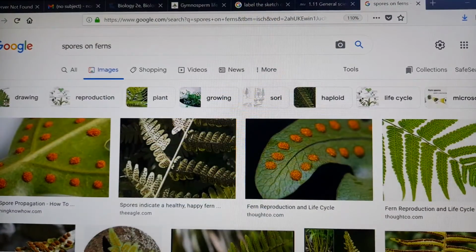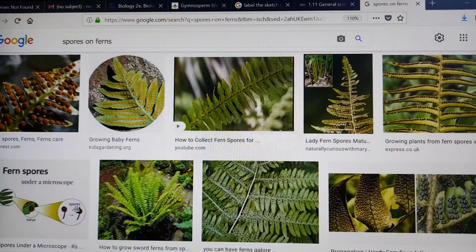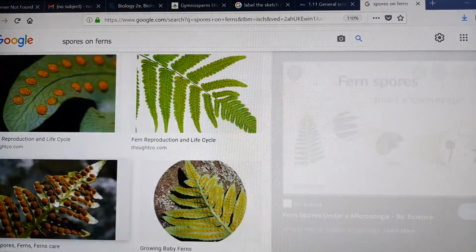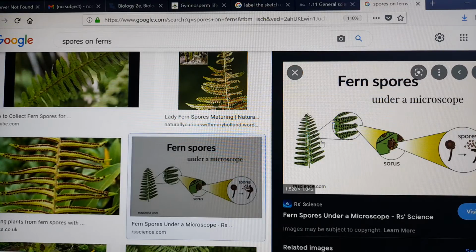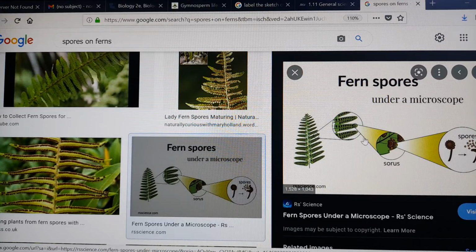So spores are different to seeds because they are unfertilized. Okay, let me look at this one. So they show us the spores, you see them. These little things here, they took them under a microscope and we can see them.